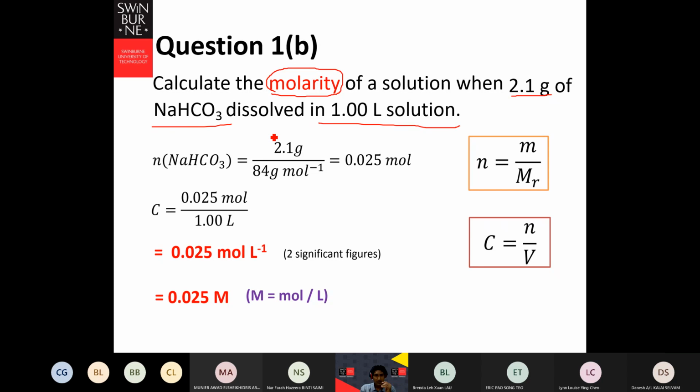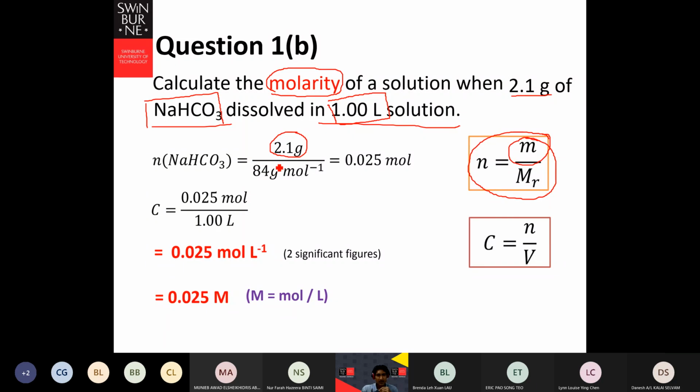Okay. So we want to find the molarity. That means how many moles in 1 liter. The good thing is it is already in 1 liter, so we do not have to convert that. What we have to find is the number of moles. 2.1 gram means how many moles, right? Number of moles is mass over the molar mass. The mass is 2.1 gram and the molar mass of sodium bicarbonate is 84 gram per mole.